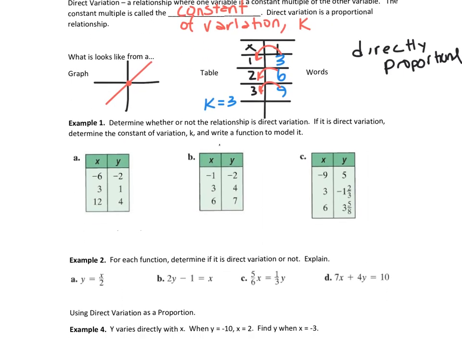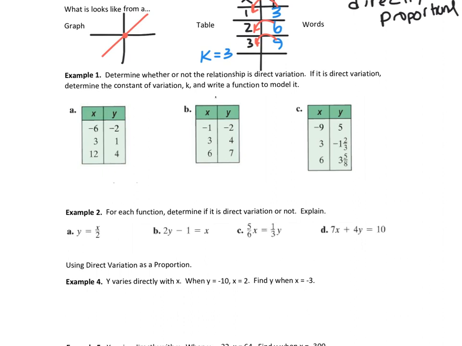So example 1, determine whether or not the relationship is direct variation from the table. If it is direct variation, determine the constant of variation K and write a function to model it. So to figure out if it's direct variation, you're going to do Y divided by X. So is -2 divided by -6 equal to 1/3 equal to 4/12? These fractions are all equal. So yes, it's direct variation.